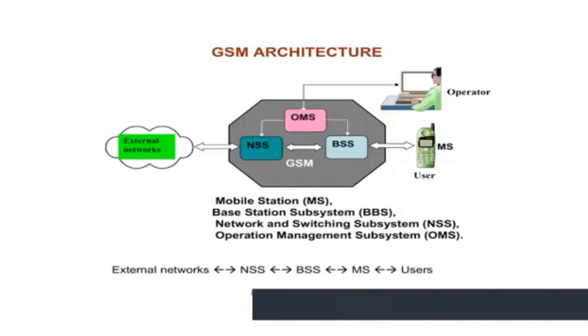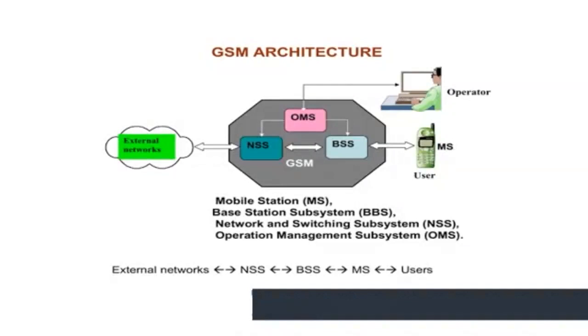The mobile device connects to the network via hardware. The subscriber identity module card provides the network with identifying information about the mobile users. The role of BSS is to handle traffic between cell phones and NSS.